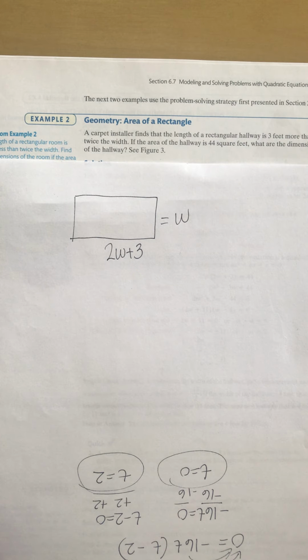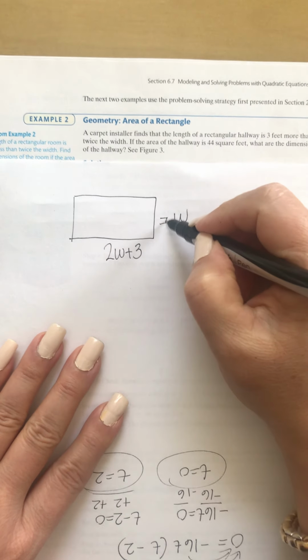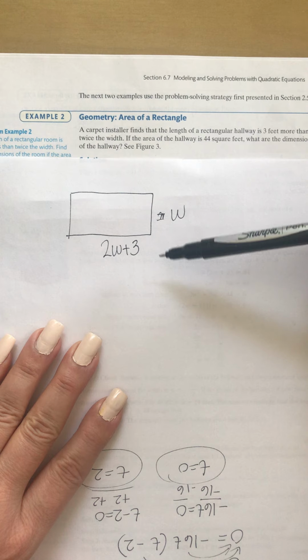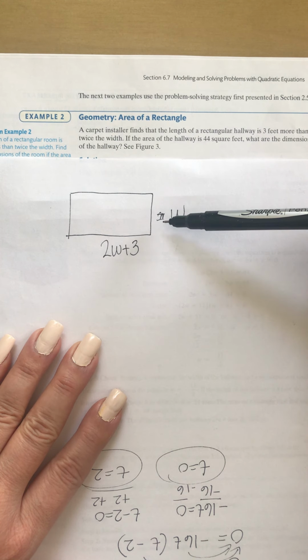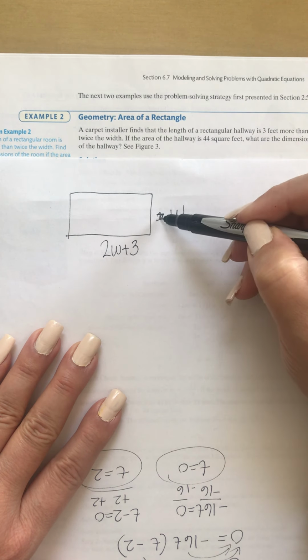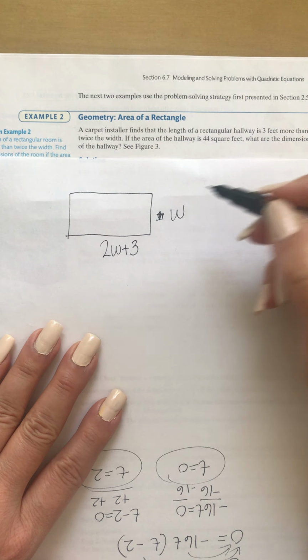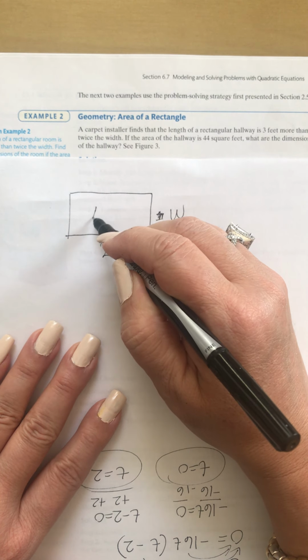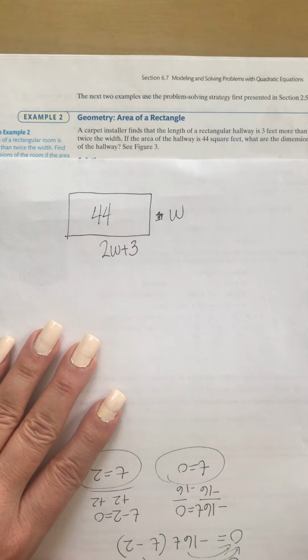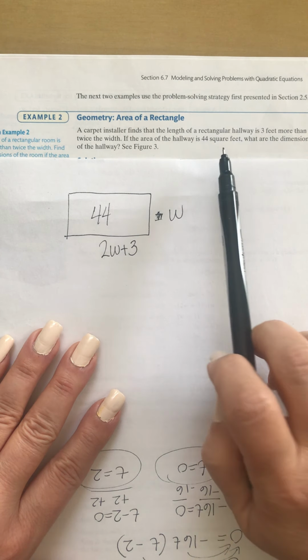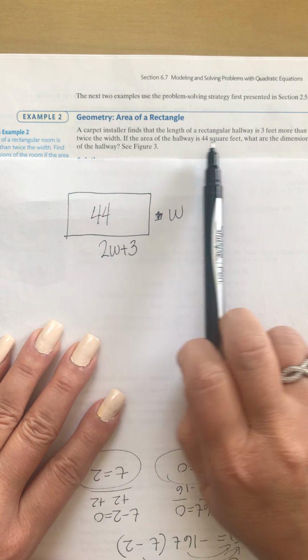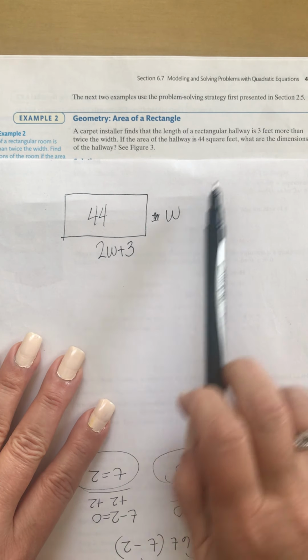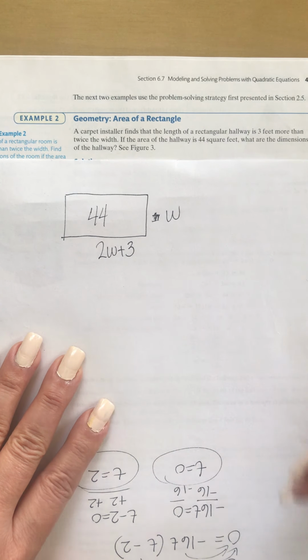So the width we don't know; we're going to call it W, but the length is 2W plus 3. We know that the area of this is 44 square feet. Again, the width we don't know, but the length is twice that plus 3.